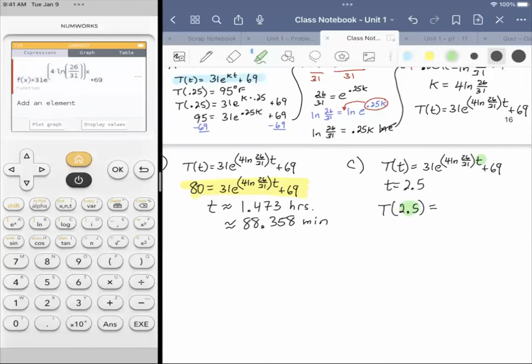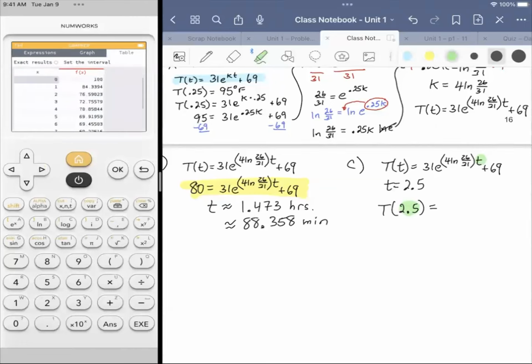And then you could go to the table, or you can go to the graph. I'll go to the table. So up arrow, get to the table, hit OK. You'll see it gives you the array of values from 0 to 10 for x. I need 2.5, and it's not just a matter of taking 2 and 3 and averaging them together. So I'm going to set the interval and have it go by a step value of 0.5.